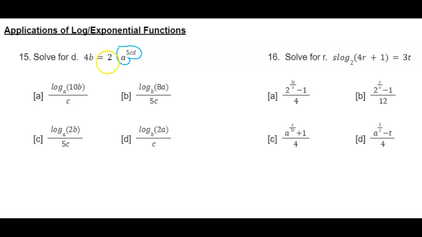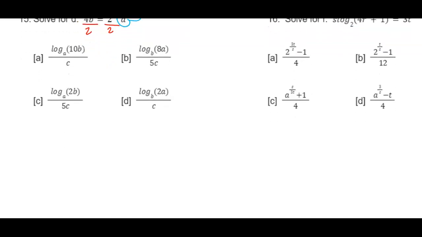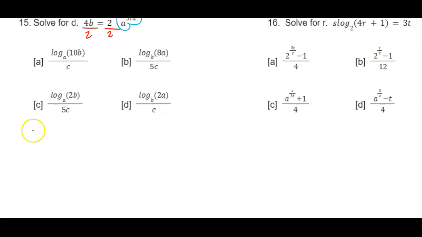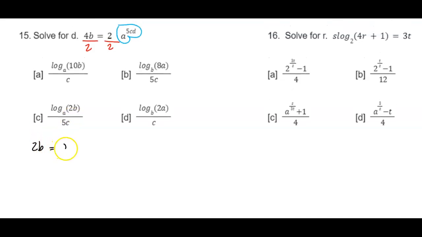Very first thing I want to do is to divide by 2 on both sides so that I can isolate that exponential. That's going to give me 4b divided by 2 is 2b equals a to the 5cd. Now, in order to drop this down, I've got to put this base a exponential into log form.